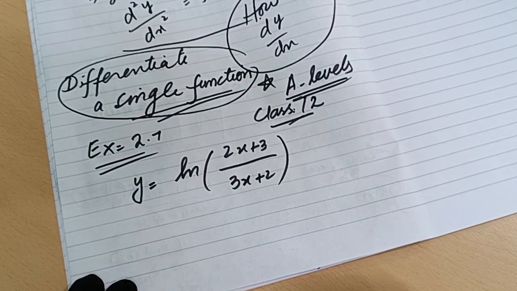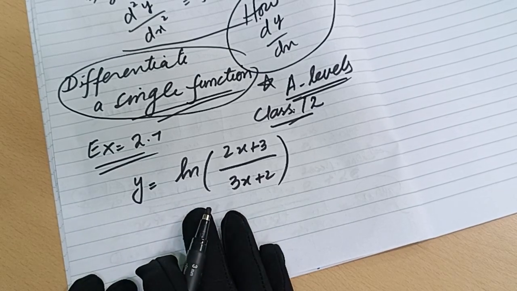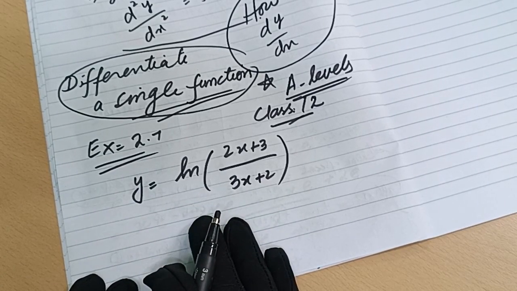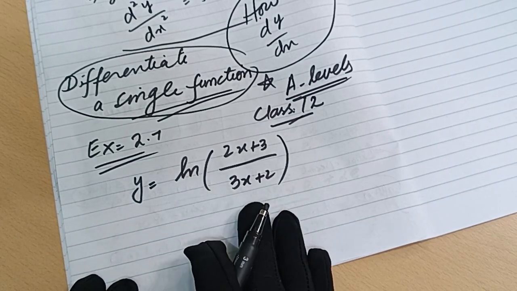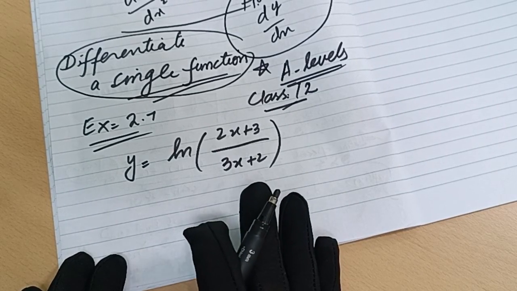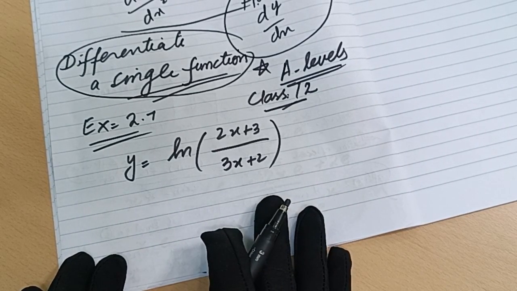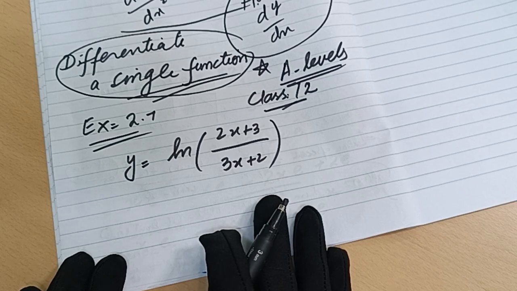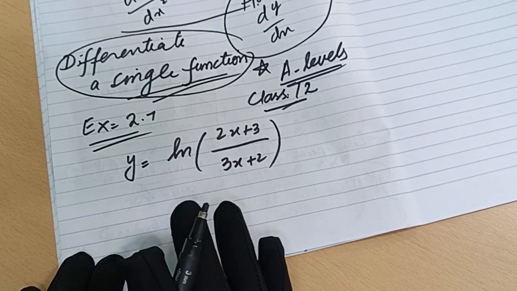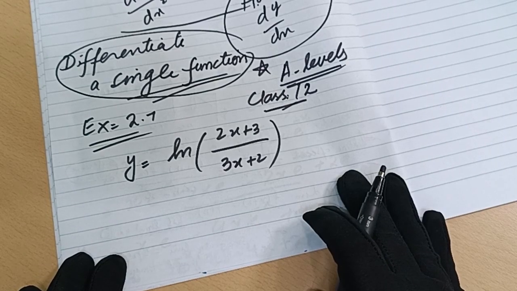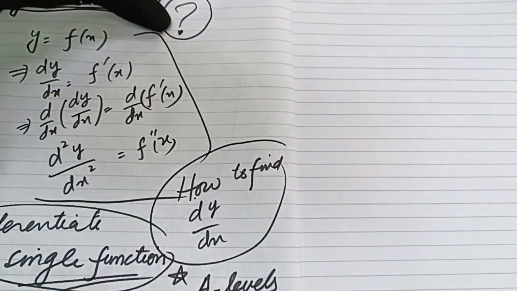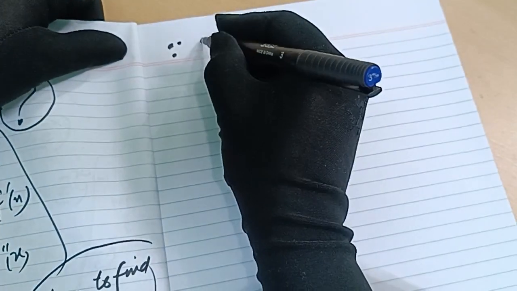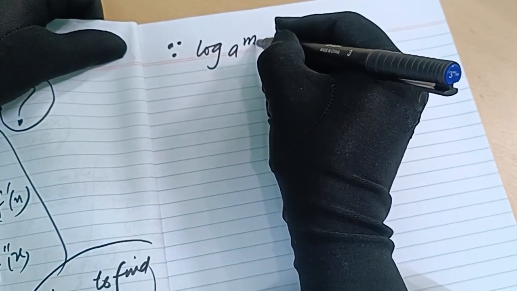If we have any function of log, this is called natural log. For natural log and common log, the laws are the same. Whenever we get a function in log form, we can apply the logarithm laws to make our function simple.